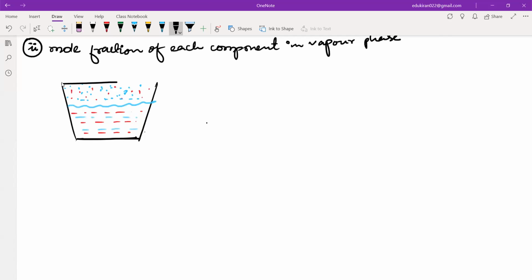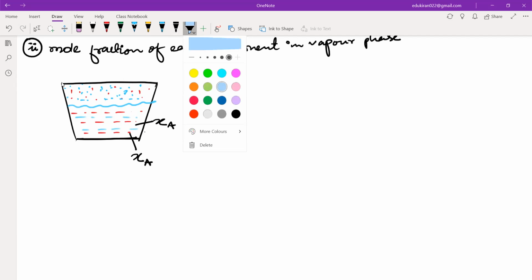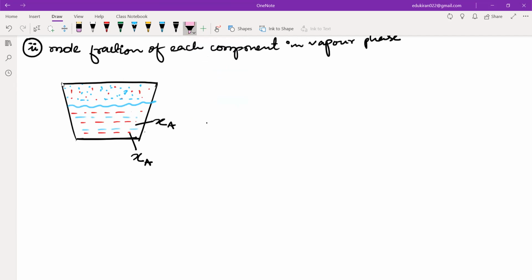So what are they asking, which part are they more interested in? We have already calculated the chi A and chi B, but they are not interested here. They are interested in this portion.